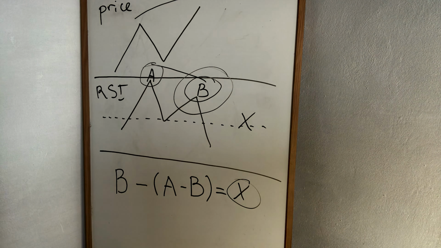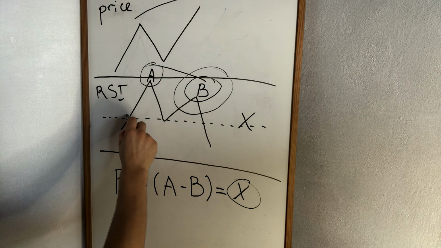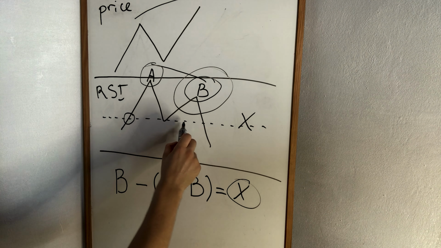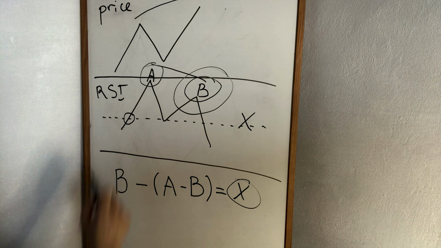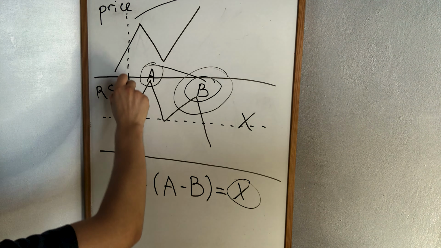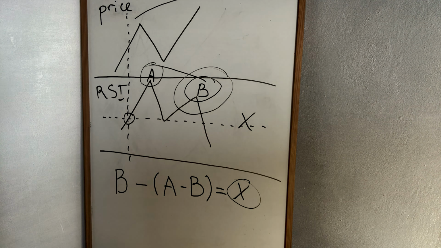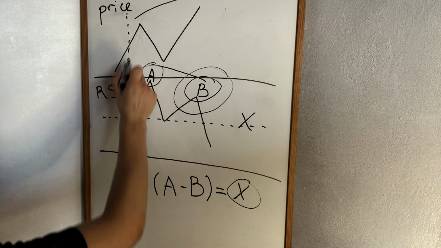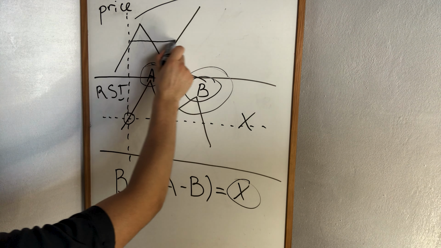For example, when we see the previous touch from this horizontal line and the RSI, we mark a horizontal line from here, and at the close bar here would be our target.